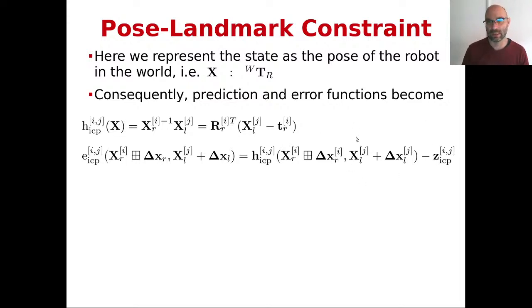The Jacobian will have 3 rows, and the two blocks will have respectively 6 columns for this one and 3 columns for this one, because this object here has dimension 6 and this object here has dimension 3. Okay, and I have called this the pose landmark factor, in fact, because this is an error function.